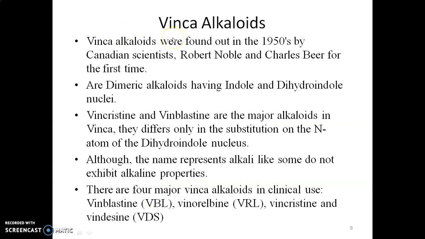So coming to the Vinca alkaloids. Vinca alkaloids were found out in the 1950s by the Canadian scientists Robert Noble and Charles Beer for the first time. These are dimeric alkaloids having indole and dihydroindole nuclei. The vincristine and vinblastine are the major alkaloids in Vinca.